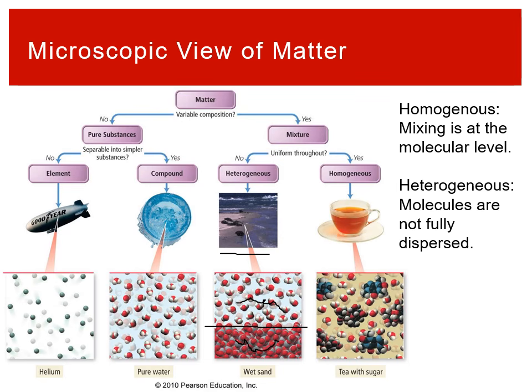That heterogeneity is going to affect some of the applications we want solutions for. So homogeneous mixtures are where the mixing is at the molecular level. For example, tea: you have water molecules, sugar molecules, caffeine molecules, and way more types of molecules in that tea.